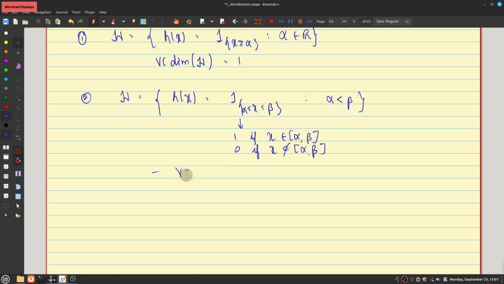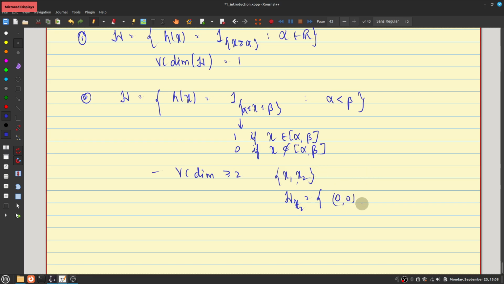So firstly, we see the VC dimension is greater than or equal to 2, because if you take any x1, x2, then h of x1, h of x2, you can get 0, 0.